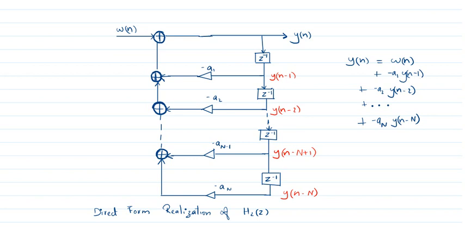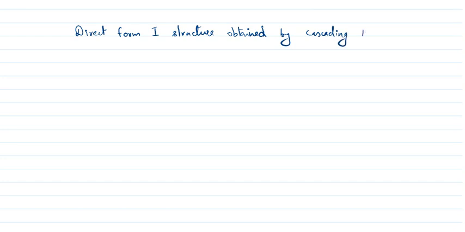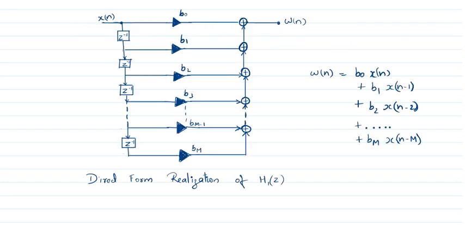So now what we are going to do in the direct form structure is cascade these two. The direct form 1 realization structure will be obtained by cascading the structures obtained for H1 of z and H2 of z.